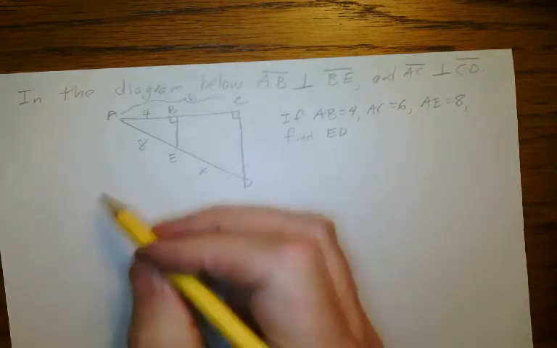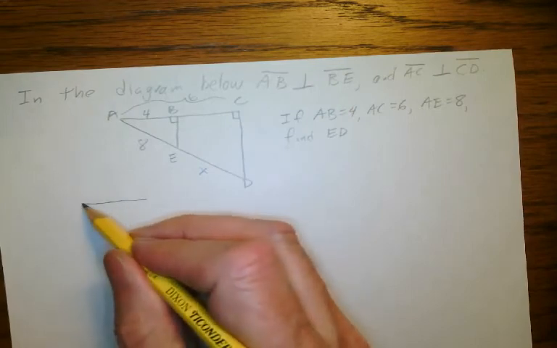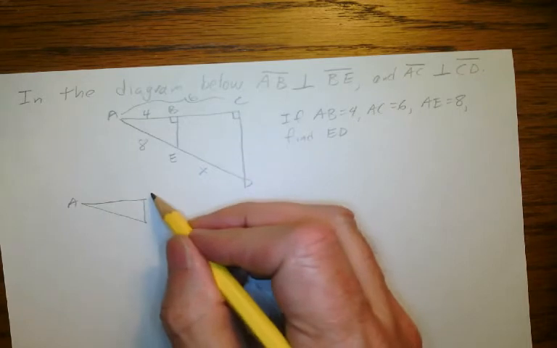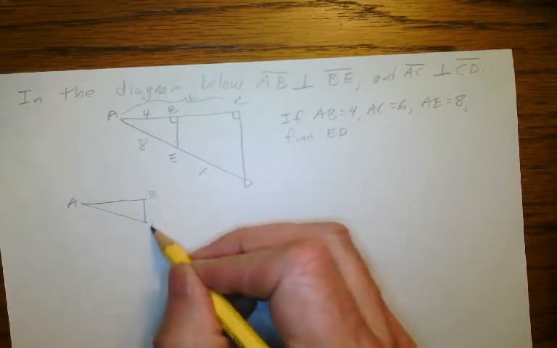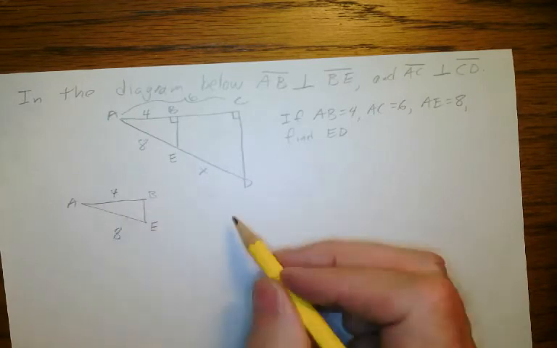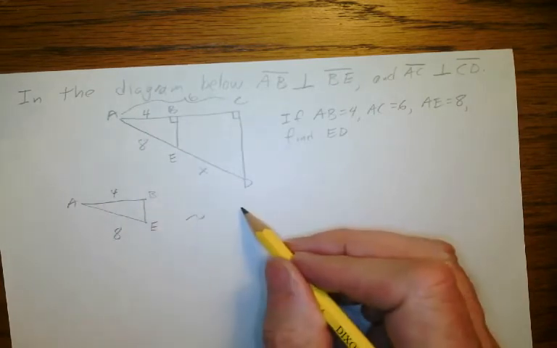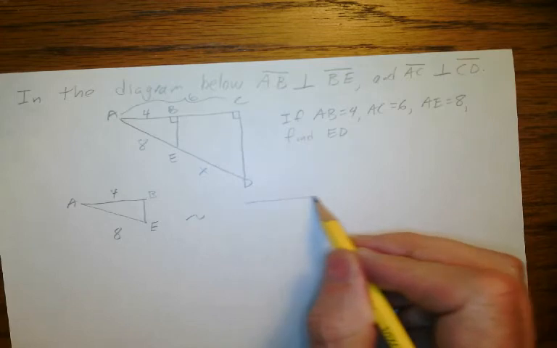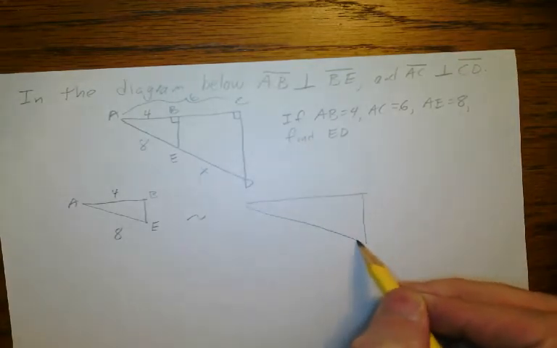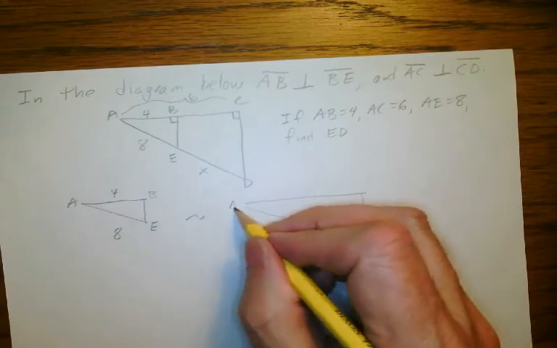Now let's draw our two separate triangles. So I'm going to draw the small one first, and this is A, B, E, and this is 4, and this is 8. And that's going to be similar to the big triangle, which is ACD.